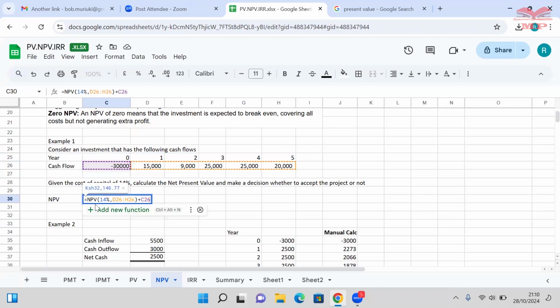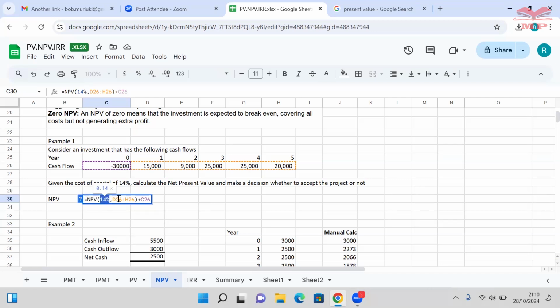Then when you open the brackets, if you are doing this in Excel, you will notice that it will give you the parameters. It will tell you what arguments you need to put into the brackets for you to get the answer. But in short, you will start with the rate, just like we start on most of the other functions we have dealt with. So the rate for this one is 14%.